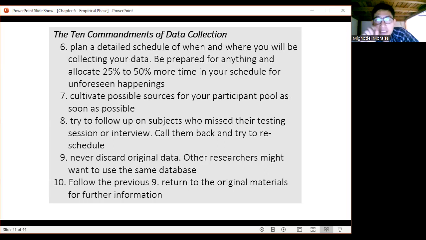So, for example, you must have a 10% buffer.